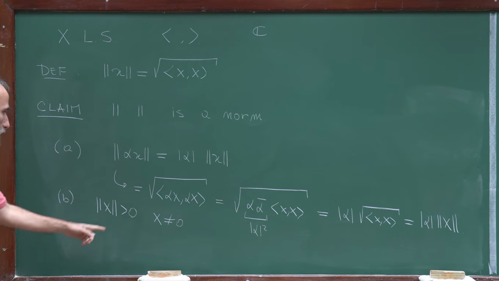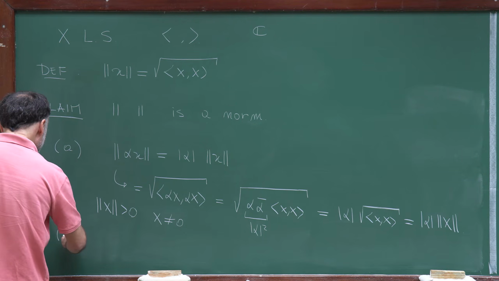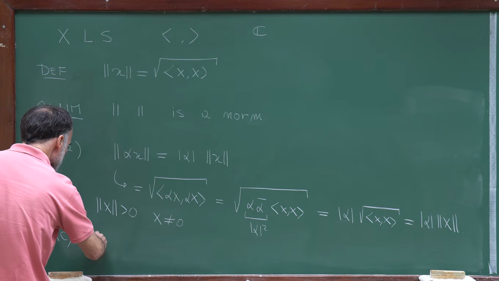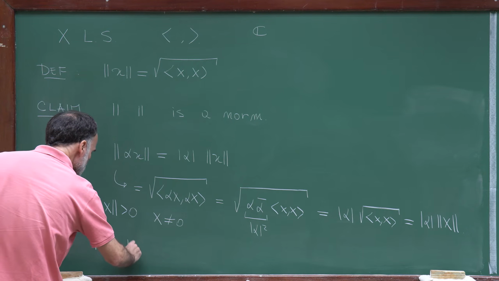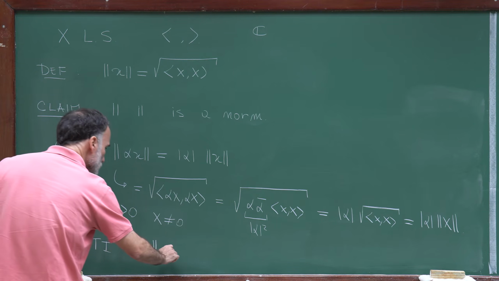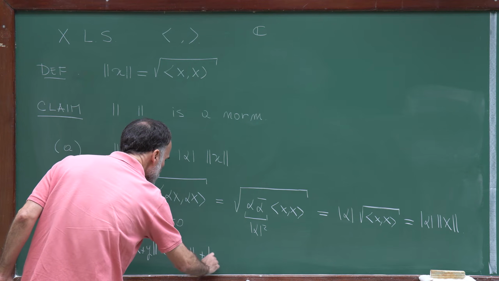So that second property is obvious, and then we need to prove the triangle inequality, which means that we need to prove that the norm of x plus y is less or equal than the norm of x plus the norm of y.